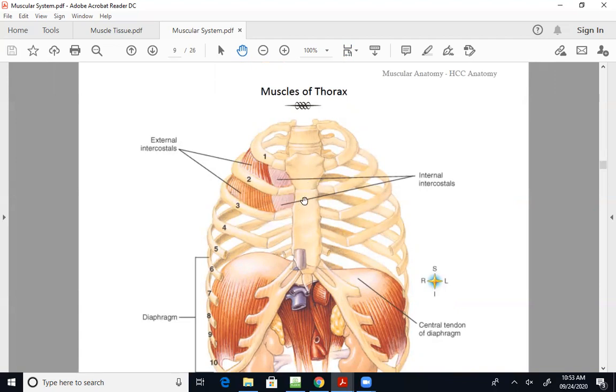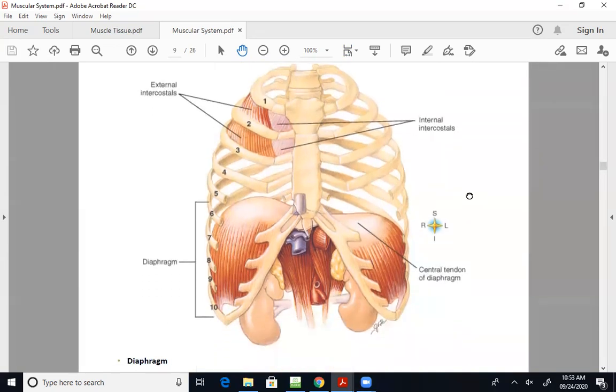That's really the big difference between the two, along with the fact that your externals allow you to breathe in, like when you take a deep breath in, internals help you to take a deep breath out. But right now, when you're just normally resting, breathing, you're really only contracting your big dome-shaped muscle called the diaphragm, which we've talked about before, is the muscle that separates the thoracic cavity from the abdominopelvic cavity.